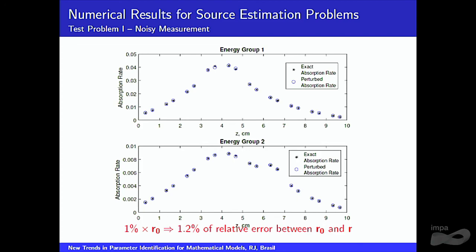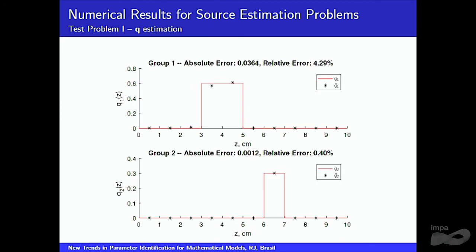Now we have a source for group 1 and group 2. That's just a two-group problem. These are the results we have when we impose just 1% of error on the previous readings. And that's a comparison between the exact absorption rate and the perturbed one, the kind of data that we have used to reconstruct the source.